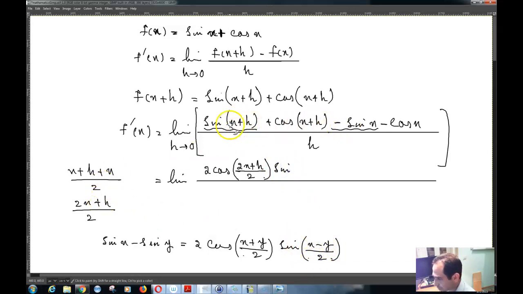So x plus h minus x divided by 2 is equal to h divided by 2.